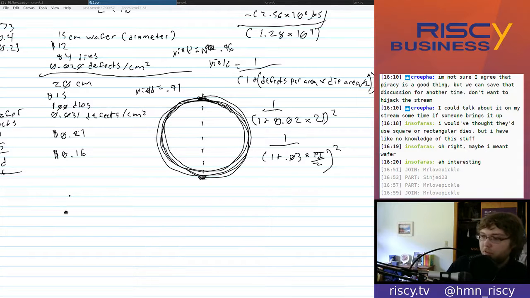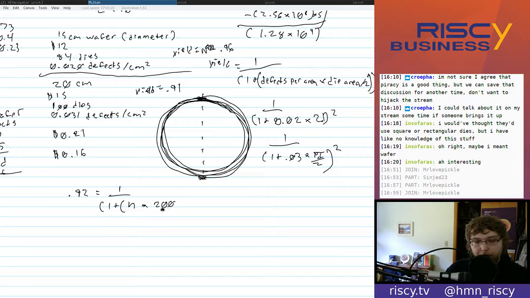So it said the original was 0.92, so we say 0.92 equals 1 over 1 plus n times the die area, which is supposed to be 200 millimeters squared. So we're going to say 200 divided by 2, and then all this needs to be squared.